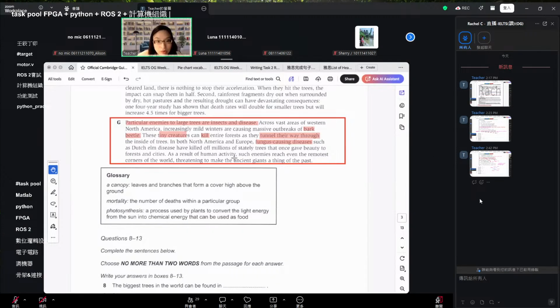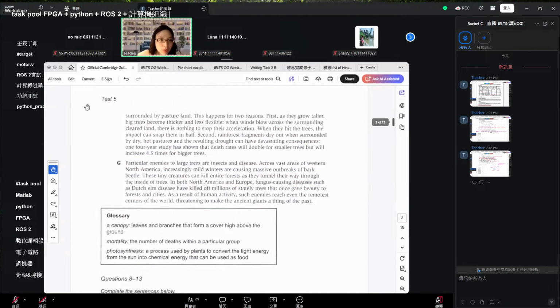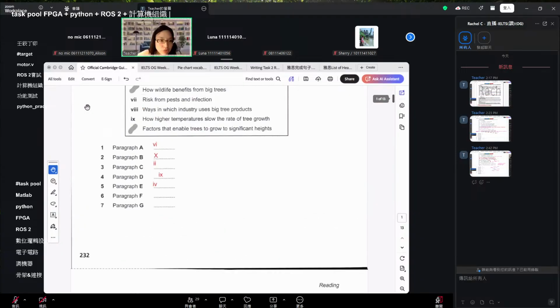Okay, so resulting from human activity, they once gave beauty but killed off millions of stately trees. Stately means very tall. So that was referring to the concept of insects and disease. Now, if we were to go back directly to where we left not so long ago, it's a very straightforward answer.